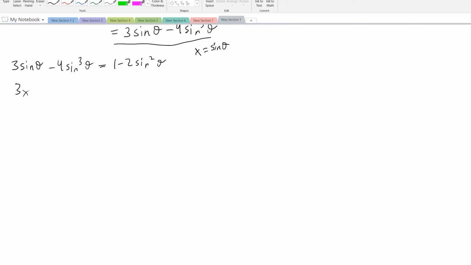So we've got 3x minus 4x cubed is 1 minus 2x squared. If I move everything over to one side, we get 0 equals 4x cubed minus 2x squared minus 3x plus 1. So our problem is essentially boiled down to factoring a polynomial.